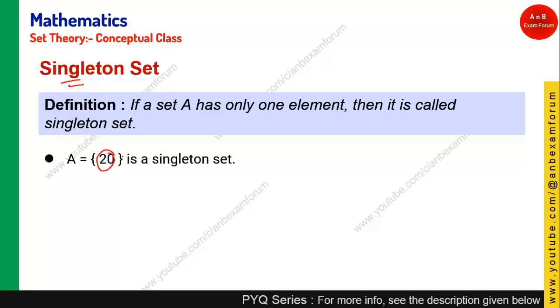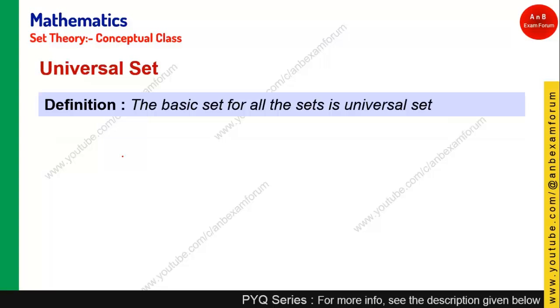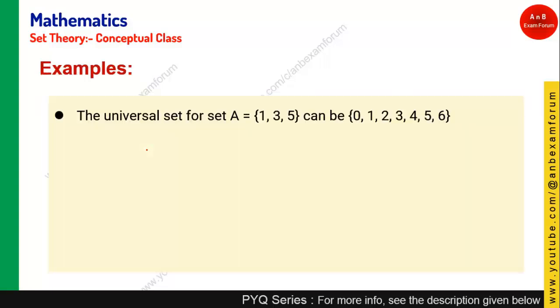Coming to the next, it is the universal set. Basically the universal set is a base of all the sets. It is a very simple one. It is denoted by U. U stands for universal. And for example, if you see, the universal set for set A can be this. Why?